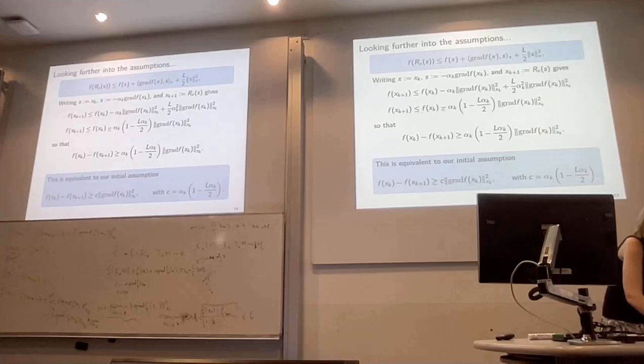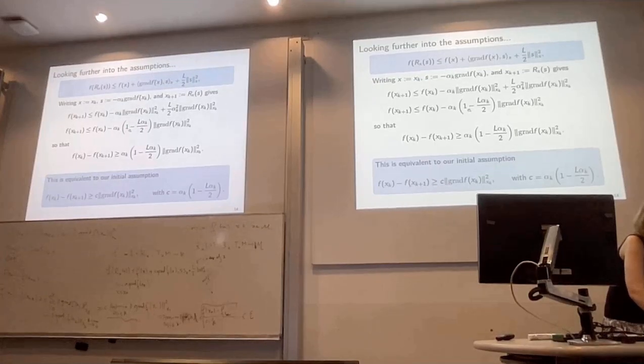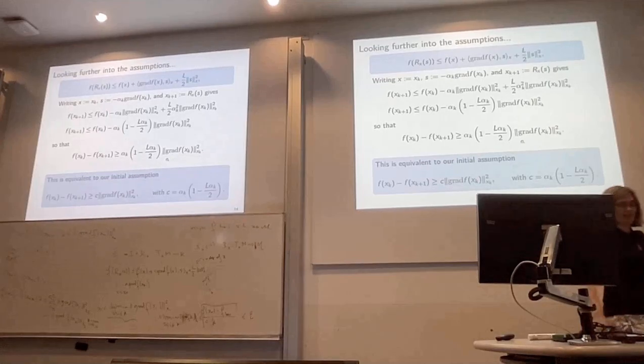And you end up with this f at xk plus 1, by definition my next iterate, is less than that. And then here is my constant C, okay? My constant C is this term, alpha times 1 minus L alpha over 2, right? So I move it to the other side and I get my decrease, okay?